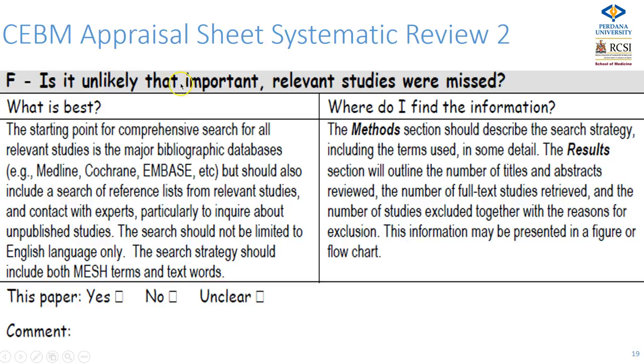So the likelihood that important relevant studies were missed is very unlikely.